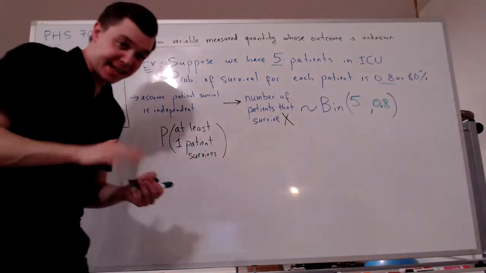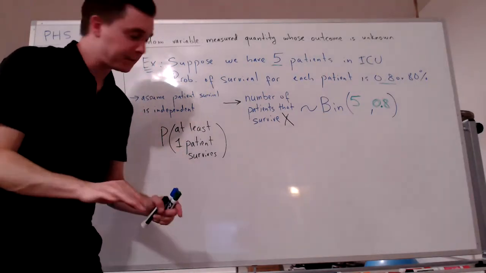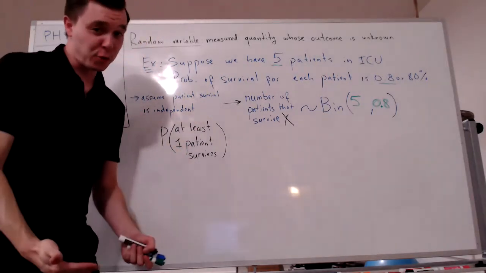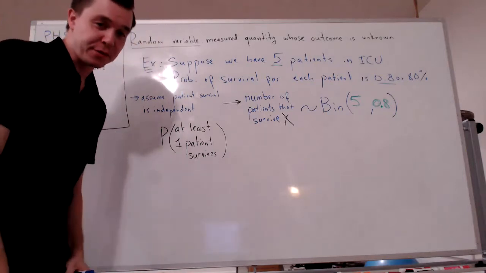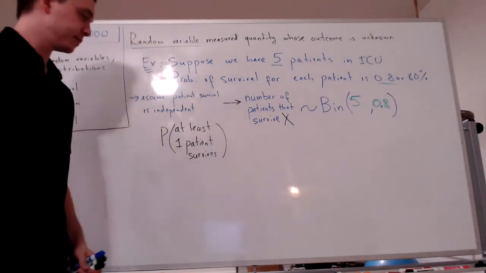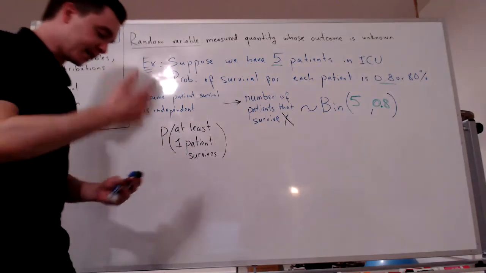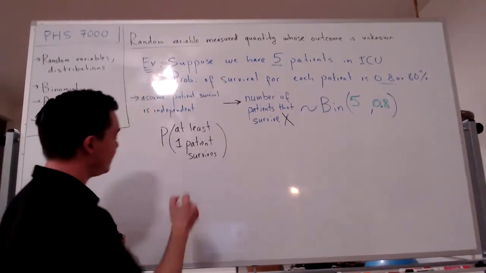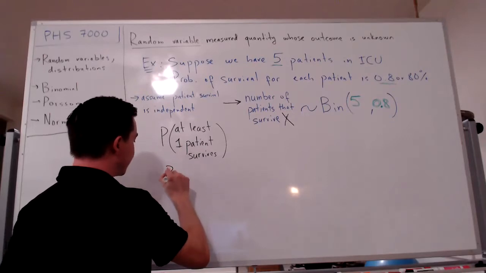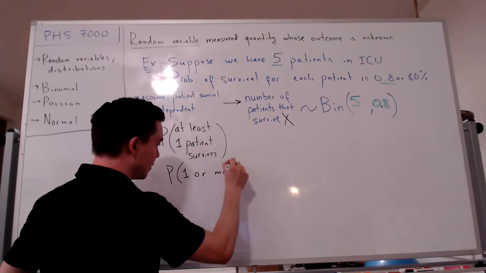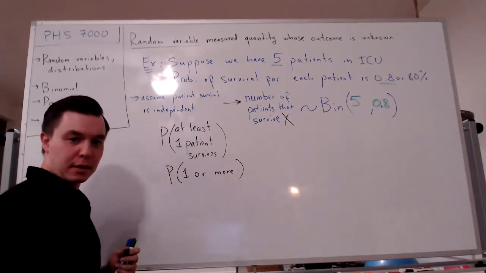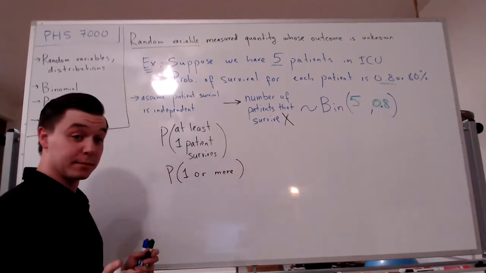If before we were setting a high bar, we want to be 5 for 5. Here, we're setting quite a low bar. We're saying, hey, man, I just need at least one of these guys to pull through. At least one patient survives. At least one. Okay, so we have to do some rewriting. This is the same as the probability of 1 or more. All right, and now we've got to remember unions.